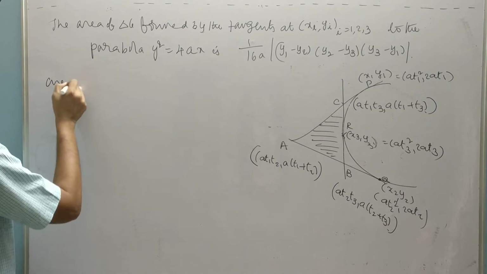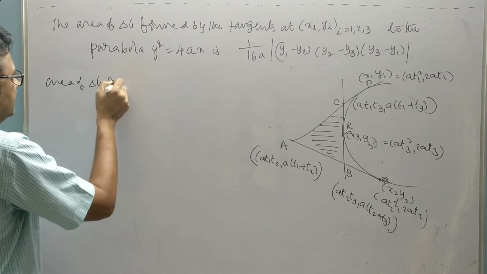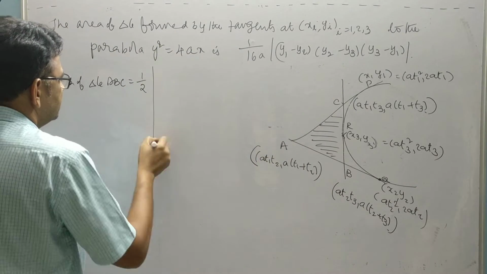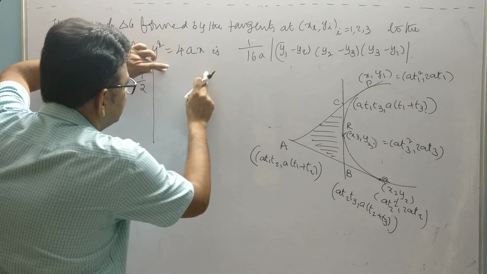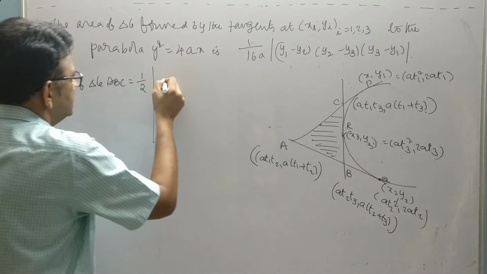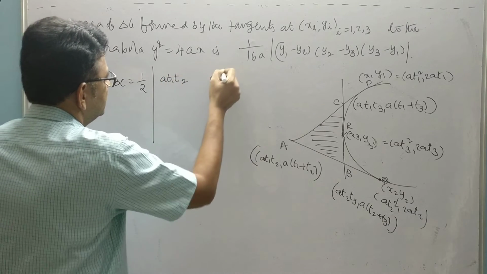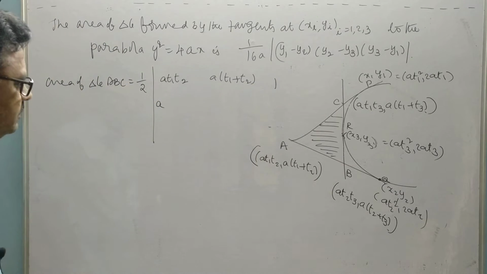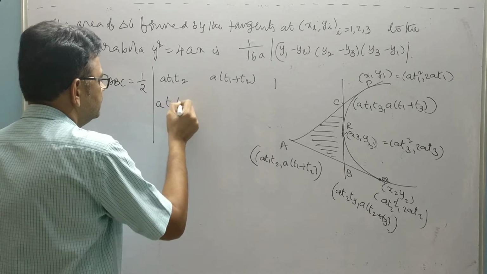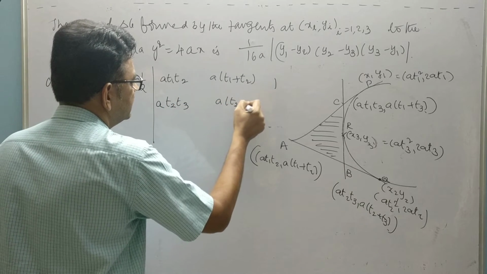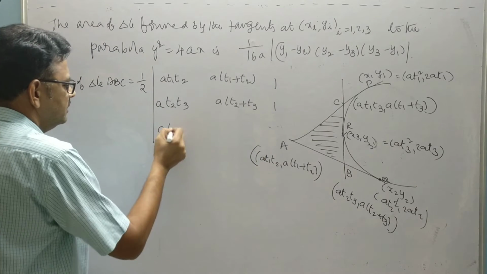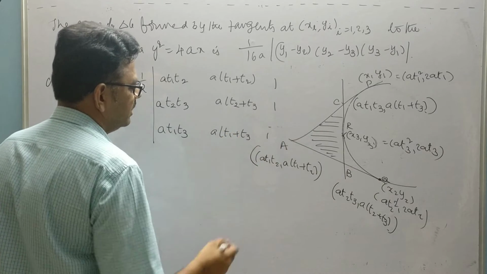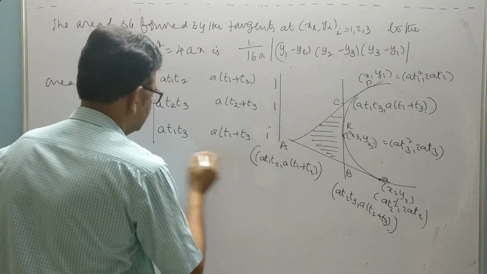So the area of triangle ABC is equal to half determinant of the same formula: x1 y1 1, this is a T1 T2, a into T1 plus T2, 1; a T2 T3, a into T2 plus T3, 1; a T1 T3, a into T1 plus T3, 1. Okay, up to this only.